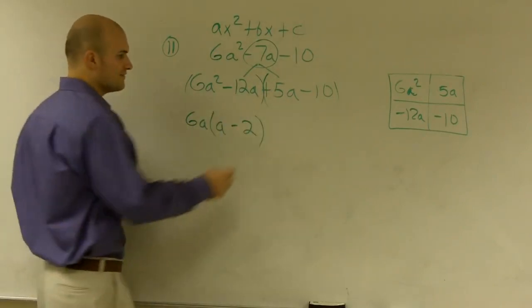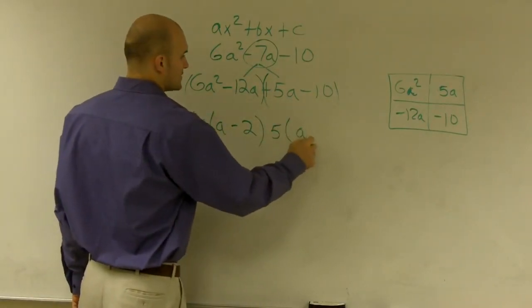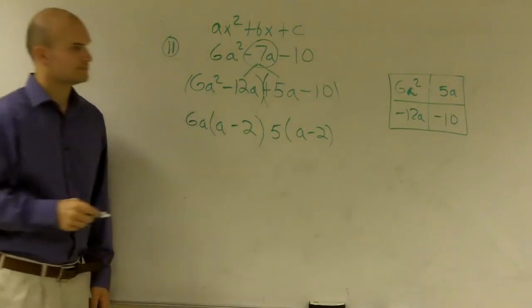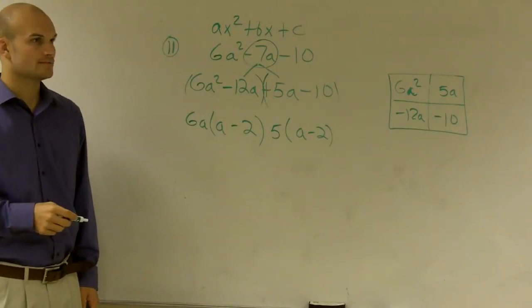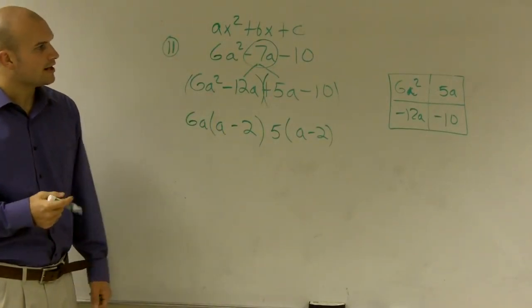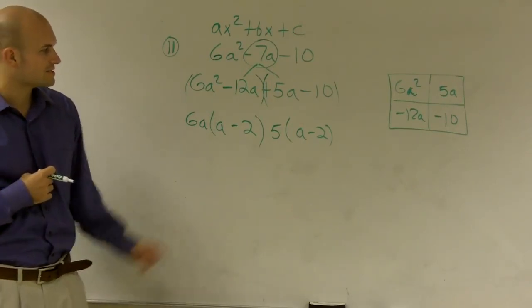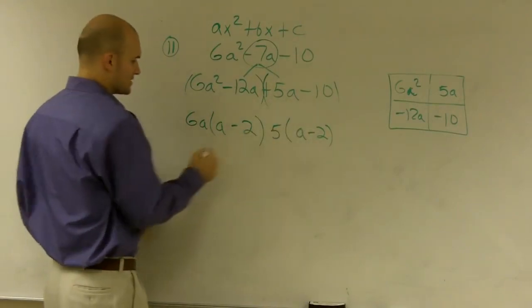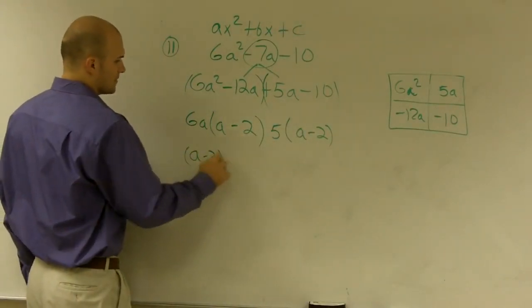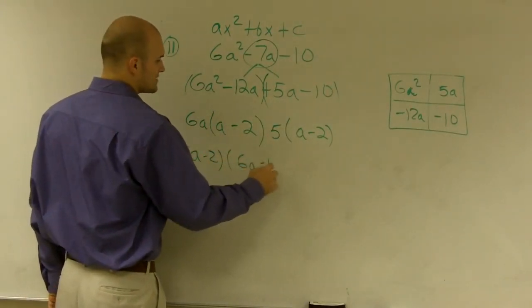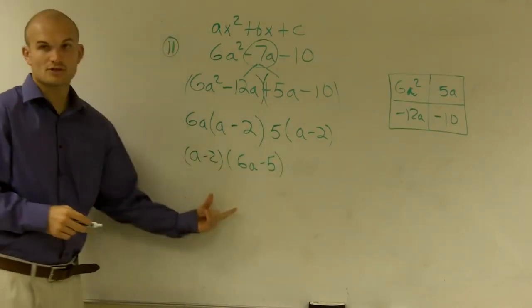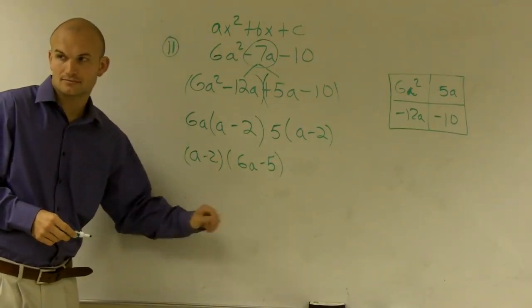Then here, I can factor out a 5, and I'm left with a minus 2. Then you can factor out a minus 2 times 6a minus 5. So that would be your two factors.